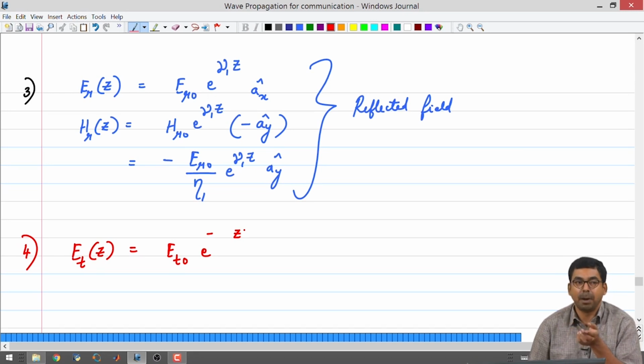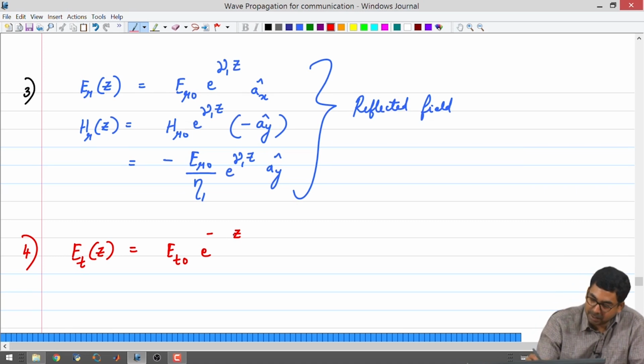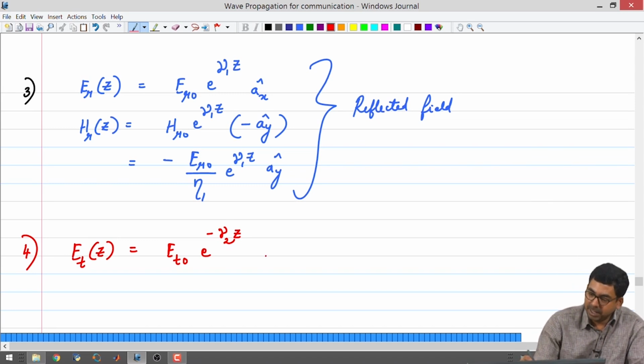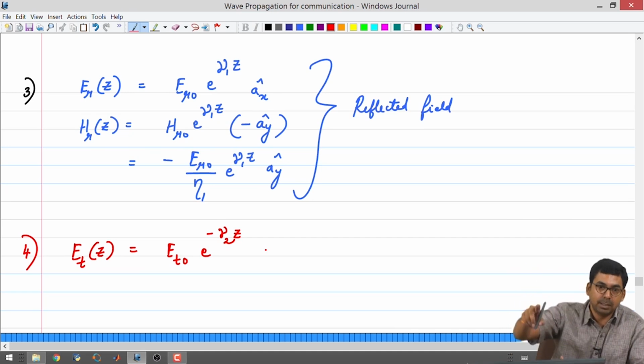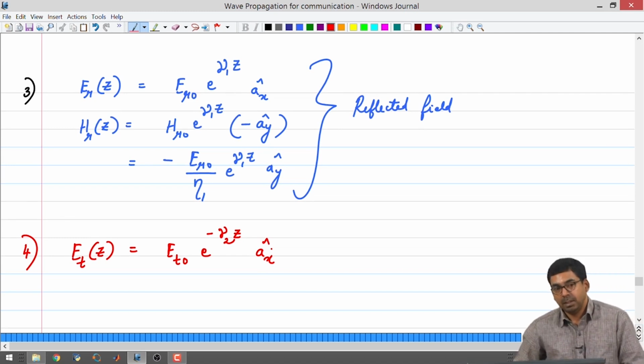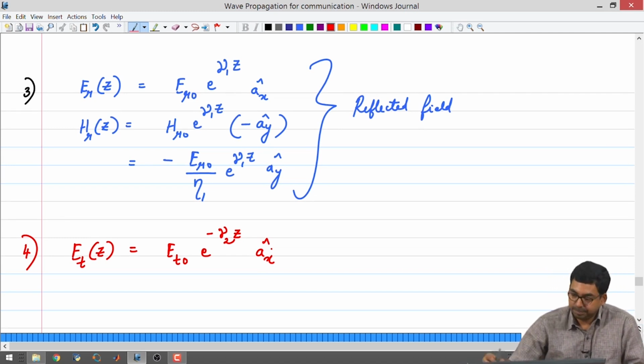The medium has a propagation constant, say gamma 2, so you will have to make that gamma 2 z. We are assuming that the transmitted field has the same electric field orientation as your incident field, so once again this is A x hat.